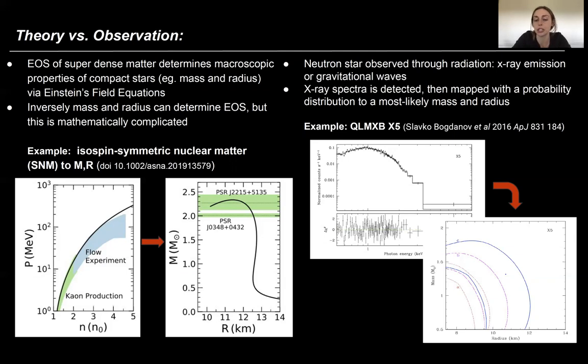Chandra reads radiation spectra from a star, and this spectra can be mapped to the mass and radius plane by adding uncertainties based on assumptions about the star, like its atmospheric composition or a distance correction. Shown here on the bottom right is an example spectra from the quiescent low-mass X-ray binary X5, which was then matched to a probability contour in M and R.